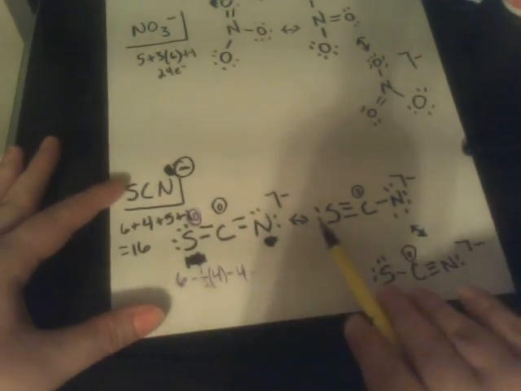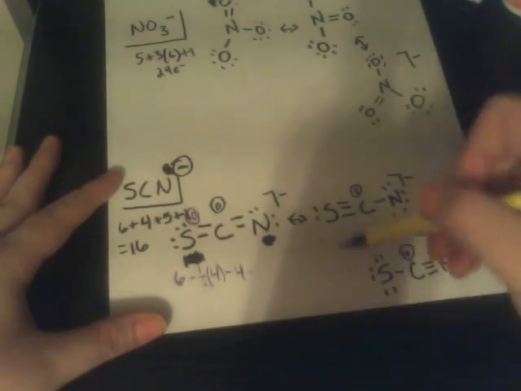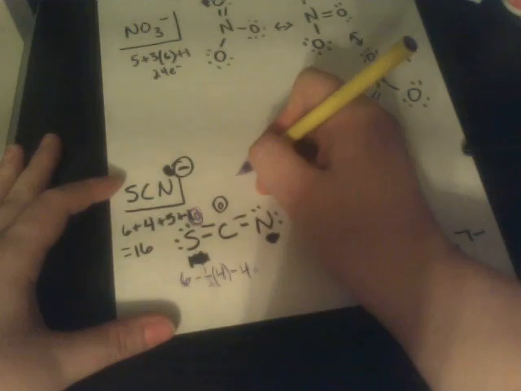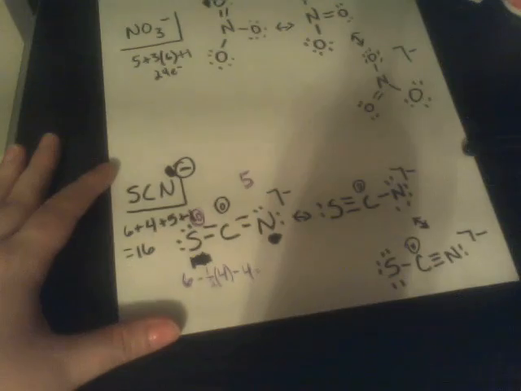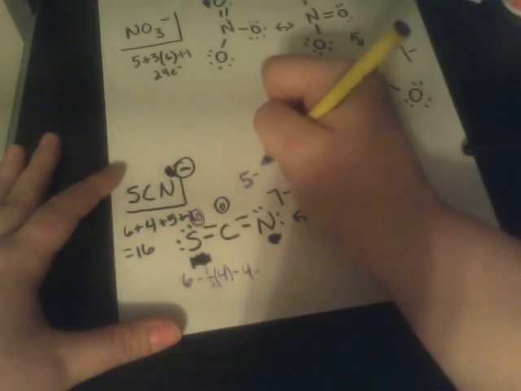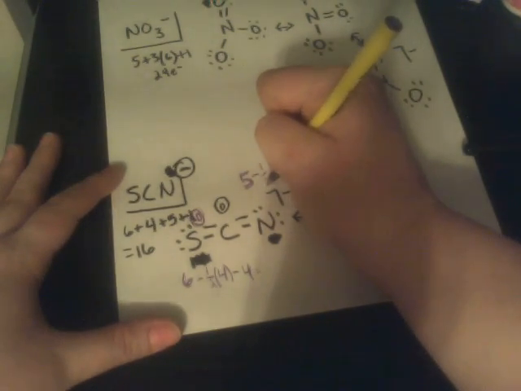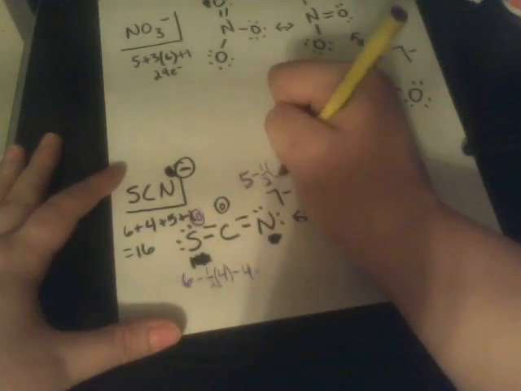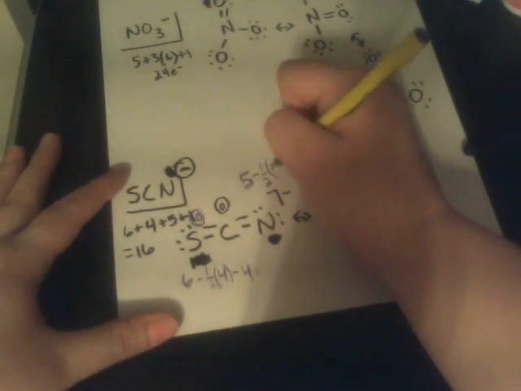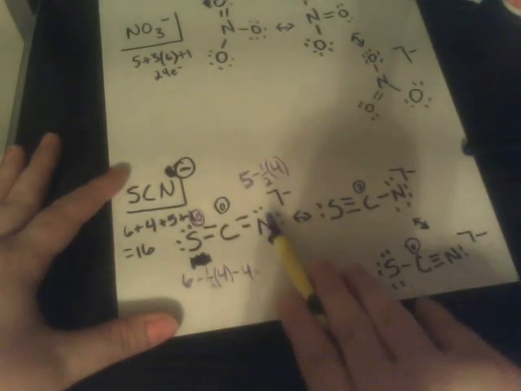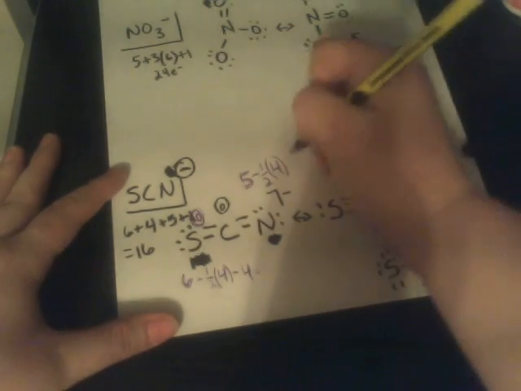Nitrogen here comes with 5. This is just my scratch work, right? Nitrogen has 5, if we look at the periodic table, minus 1/2 of the bonded. How many bonded around nitrogen right now? Looks like there are 2, 4, so there's 4. And how many lone electrons are on nitrogen? 1, 2, 3, 4, so minus 4.